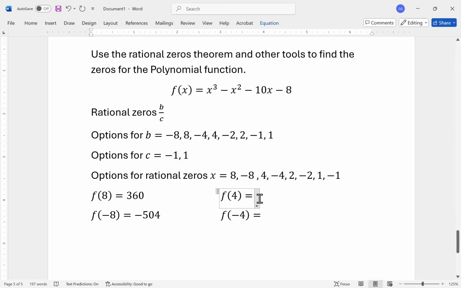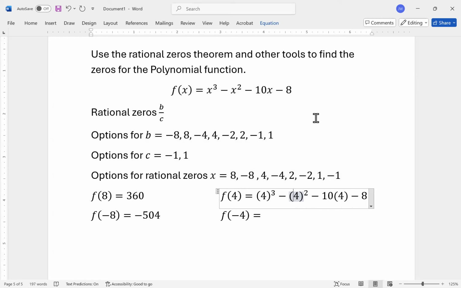Again, all I'm doing is plugging this number into my function and having my calculator give me the output. So I take 4 cubed minus 4 squared minus 10 times 4 minus 8. Let me put that in parentheses, look a little bit nicer. So I'm plugging in 4.